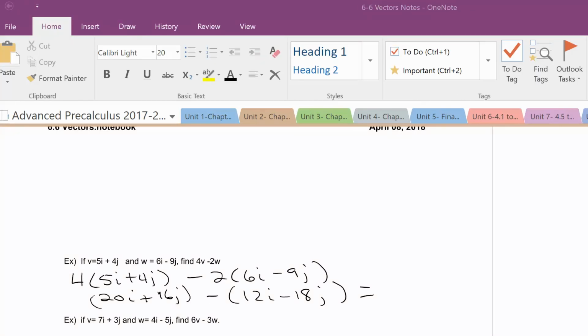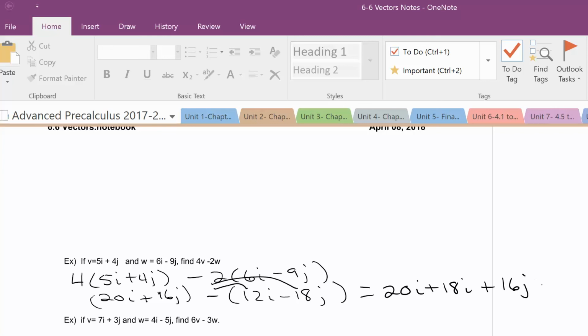Sorry, let me redo this because I forgot to distribute this negative sign in here. So it's 20i minus 12i plus 16j plus 18j. So it's 8i plus 34j.